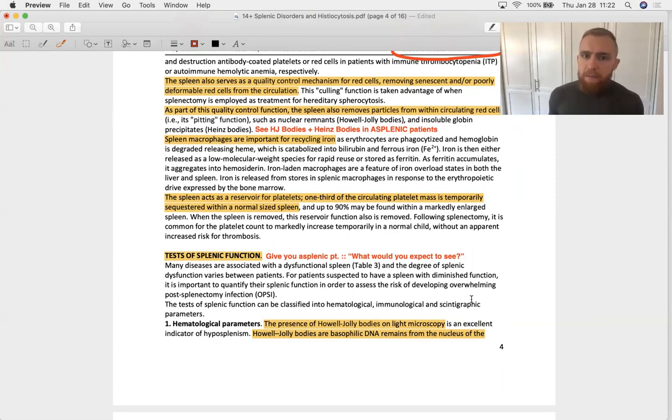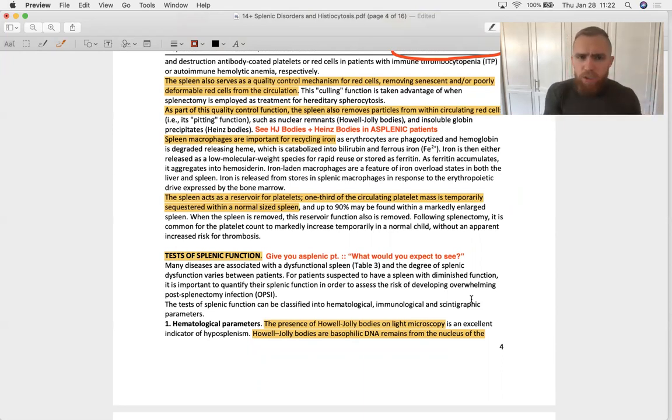Or sometimes when a red cell matures, it spits out its nucleus at some point along the way. And sometimes not all of the nucleus gets expelled from the red cell. A little bit can stay behind. When you see part of a nucleus left behind in a red blood cell that shouldn't be there, that's called a Howell-Jolly body. The spleen also pats down these red blood cells.